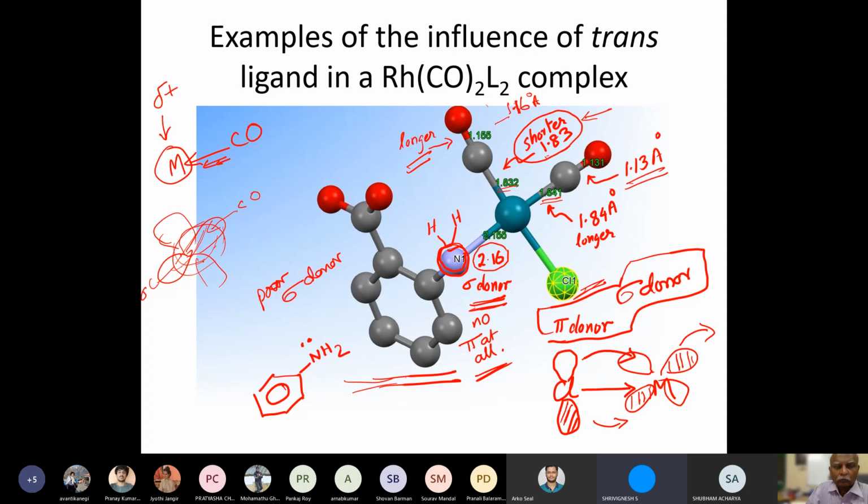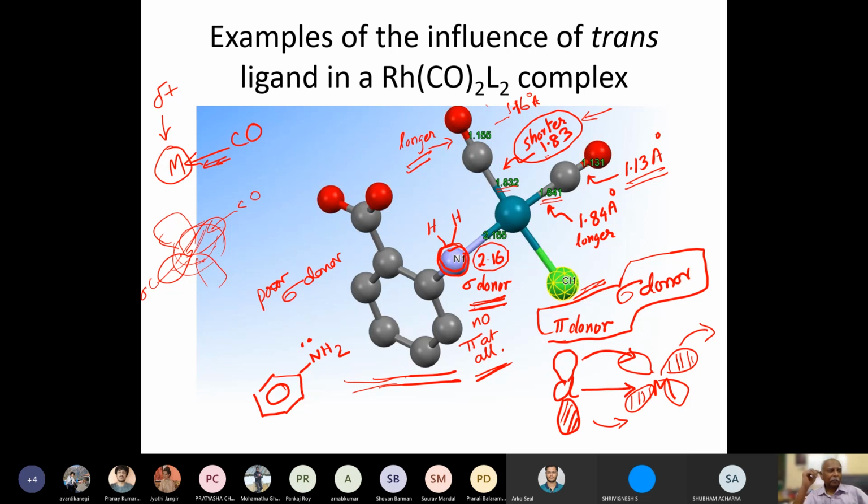So ideally, we should have strong cis sigma ligands and good trans pi donation ligands for a good M-CO bond. Yeah, ultimately you have to optimize the system so that the stability of the whole system becomes high. If you strengthen one at the expense of the other, you're not going to gain much.